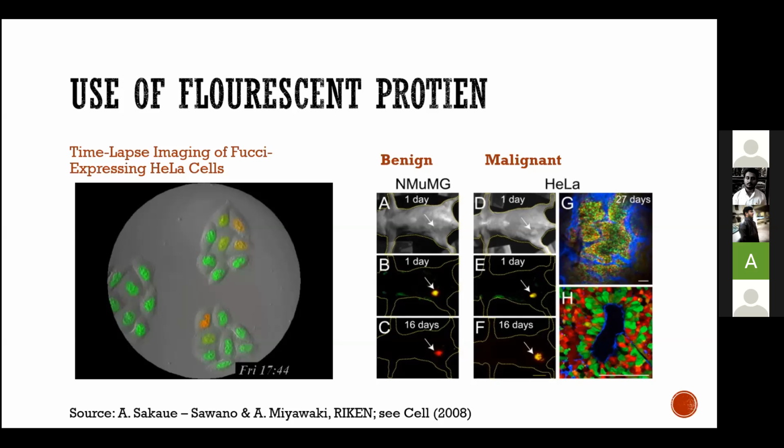What we do is genetically modify the DNA material, put a fluorescent protein tag on it, and then transfect the cells with these fluorescent proteins to watch what they can do. Here is a quick video of how useful fluorescent proteins can be.